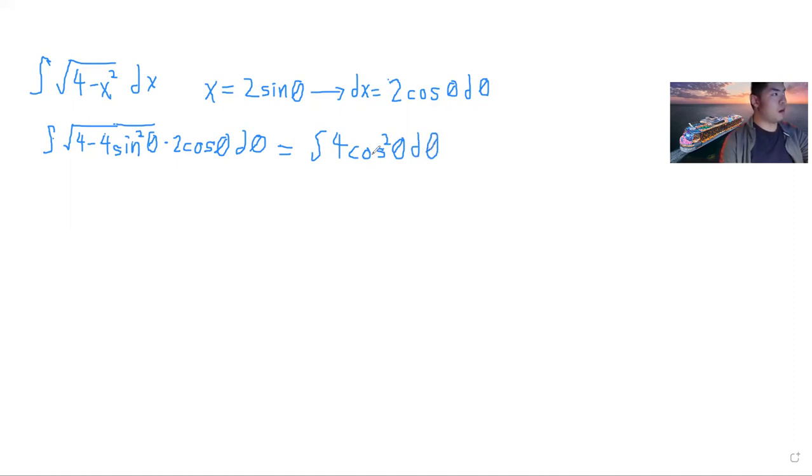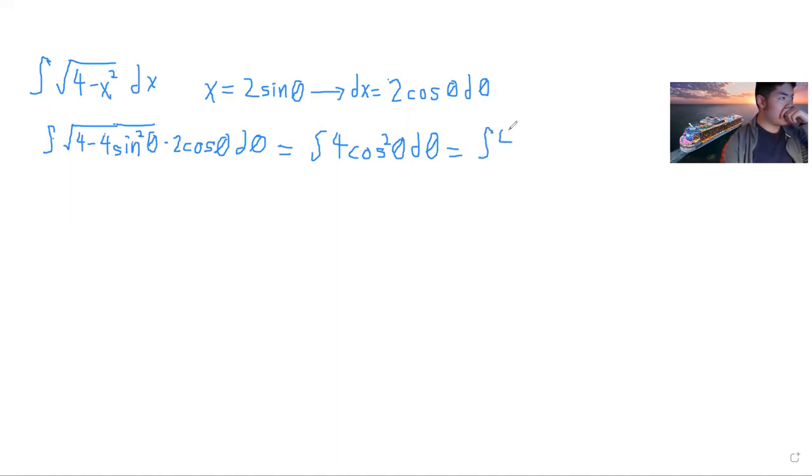Okay, now for cos squared theta, if you use an identity, the double angle identity, there's actually a really nice formula for that.